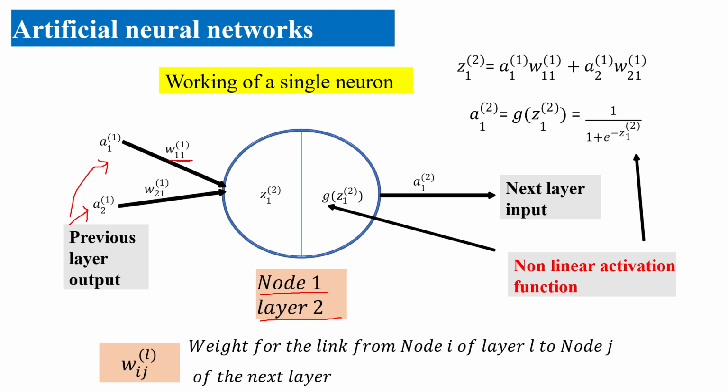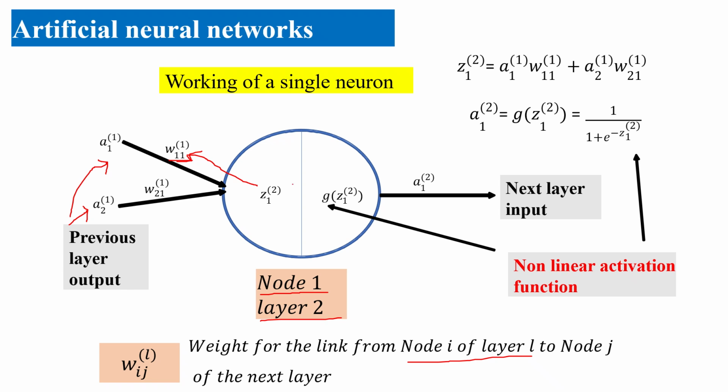W_ij superscript l stands for the weight for the link from node i of layer l to node j of the next layer. So this is W_11 superscript 1 and this is W_21 superscript 1.